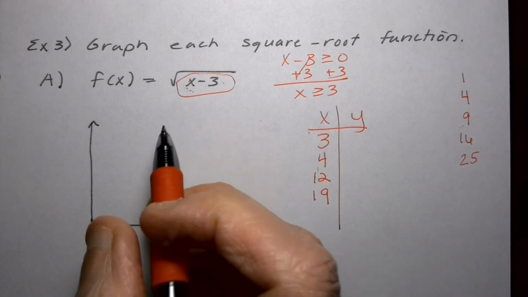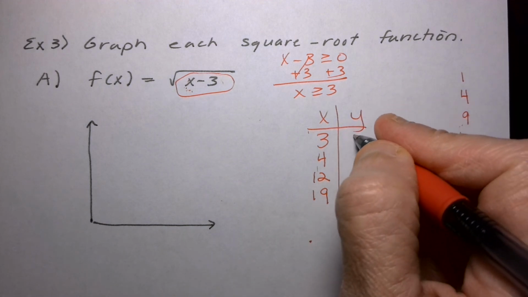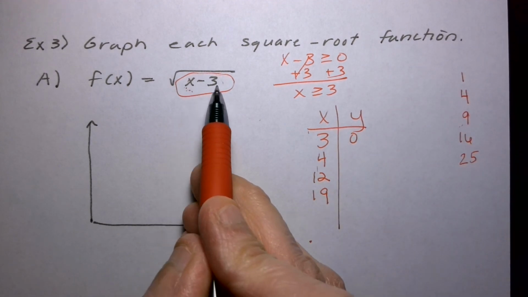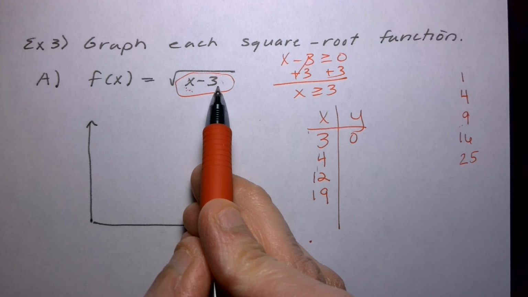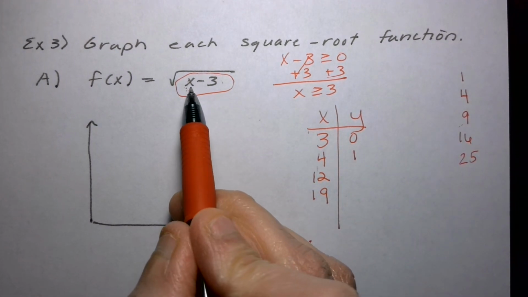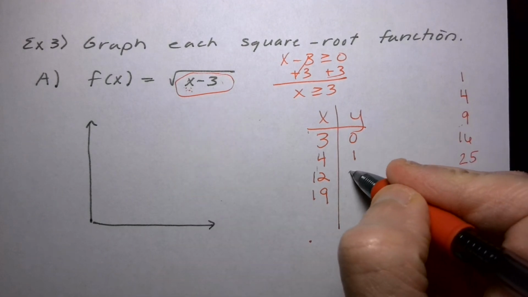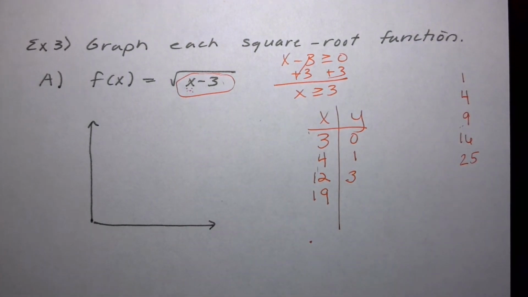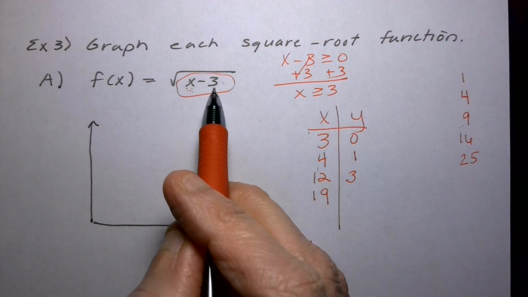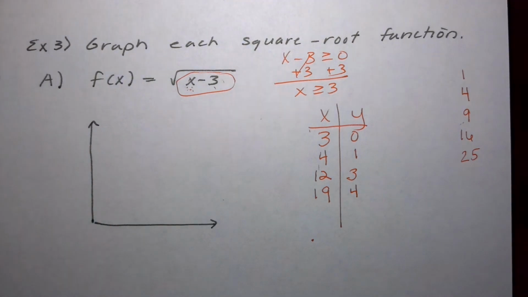So let's go ahead. If we plug in 3 minus 3, it is 0, and the square root of 0 is 0. 4 minus 3 is 1, and the square root of 1 is 1. 12 minus 3 is 9. Square root of 9 is 3. And 19 minus 3 is 16, and the square root of 16 is 4.